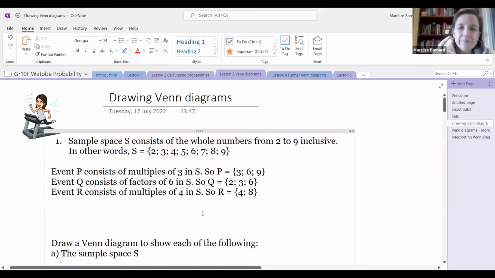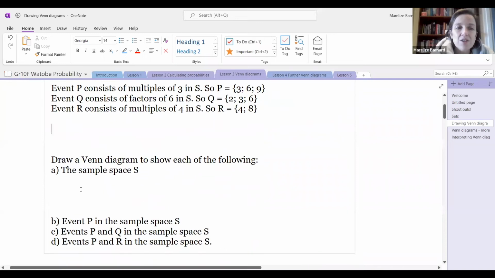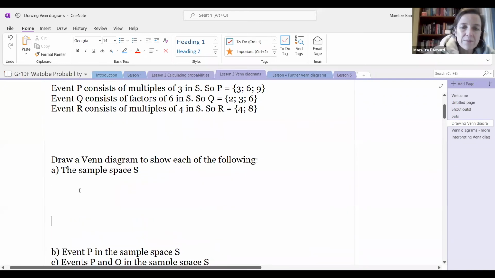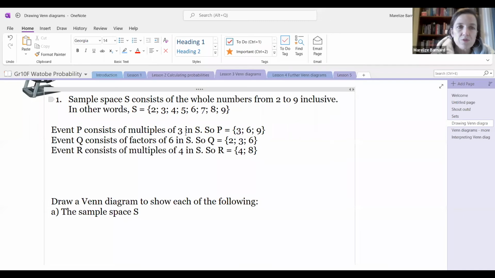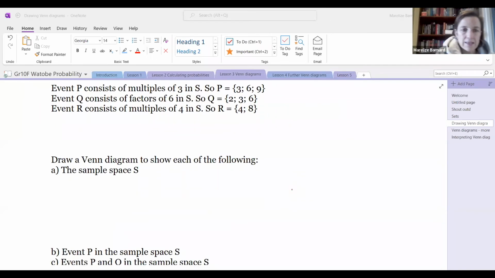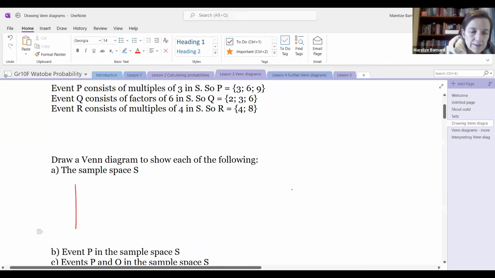Okay, right. So let's draw a Venn diagram to show each of the following. We're going to start off doing the sample space. Now, our sample space is basically just a rectangle. So here's our sample space.